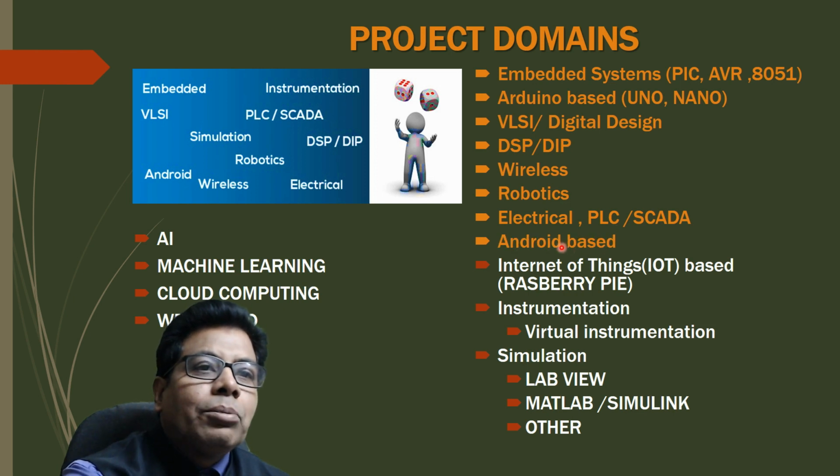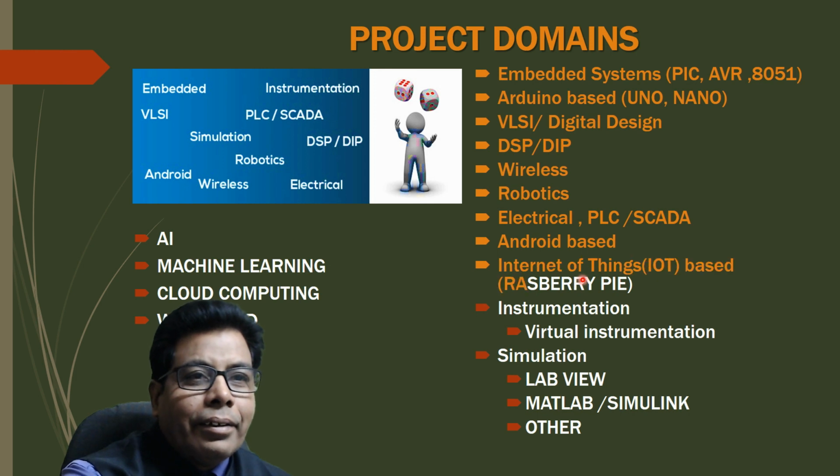Then Android based project. Nowadays everybody wants to control anything with the mobile, so you can do an Android based project and control your appliances with this Android mobile. Then Internet of Things, IoT.